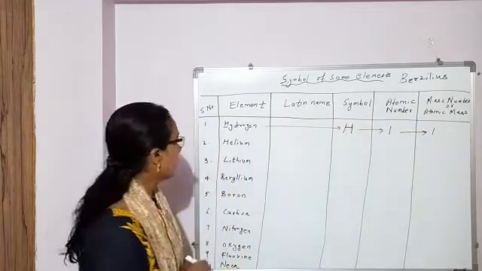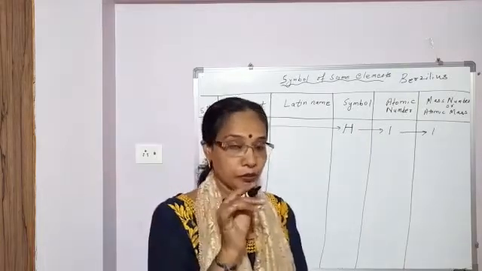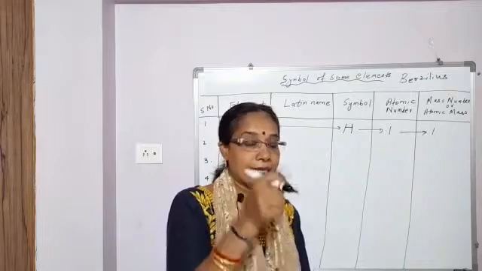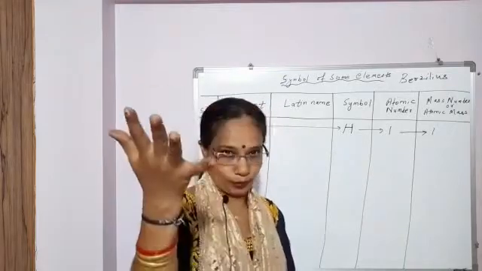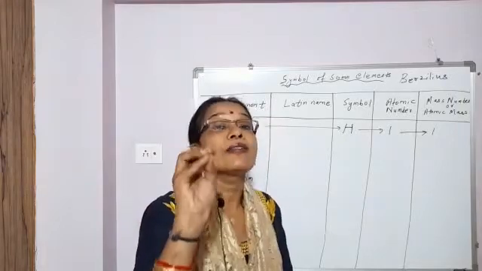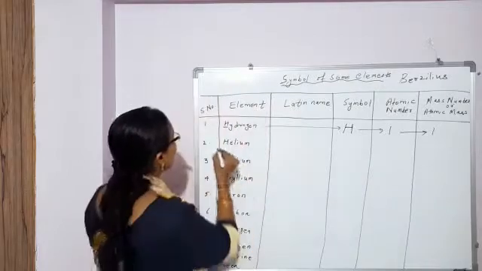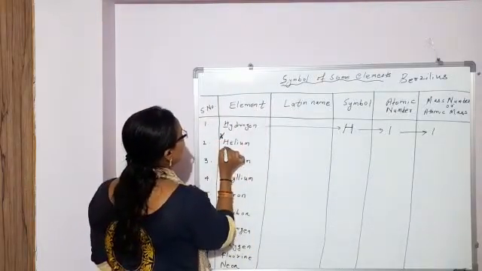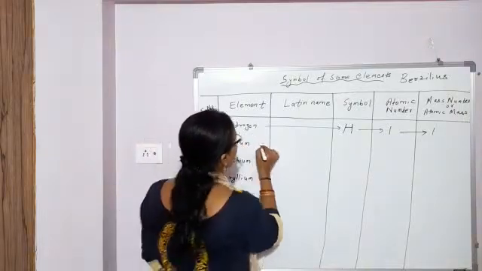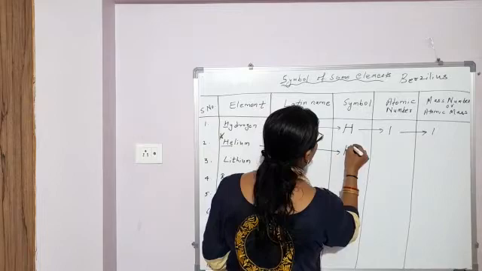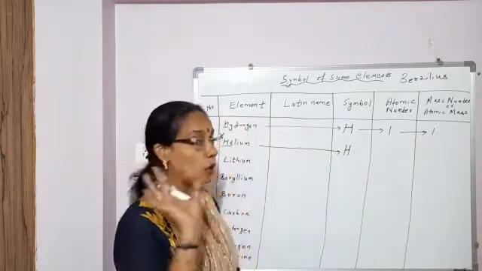Okay. Next, helium. Helium, students, is a noble gas. You should know what the noble gases are: helium, neon, argon, krypton, xenon. And noble gases are unreactive. So, helium is a noble gas. And for the symbol of helium, the first two letters. So, what will be the symbol of helium? Capital H, because I said first letter capital and second letter small.